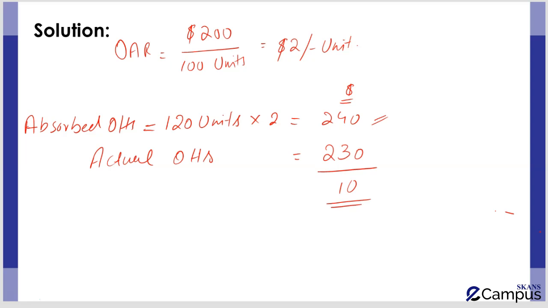So there is an over absorption, which means we have charged more overhead cost to our production as compared to actual. So this excess $10 will be added back to our profit or deducted from the cost of goods sold. So this is about the under or over absorption of overheads.